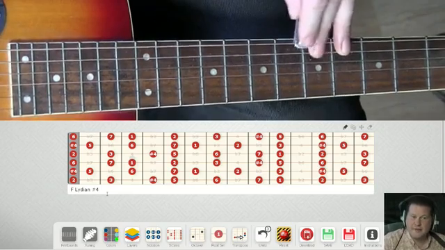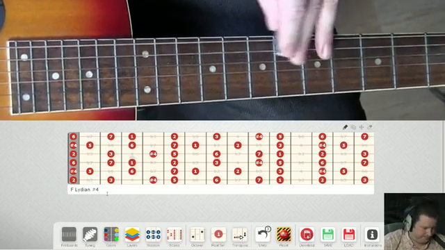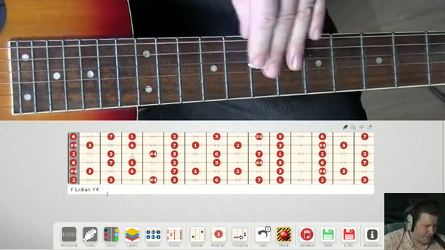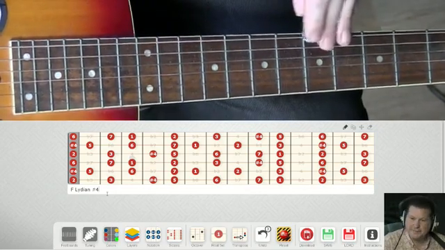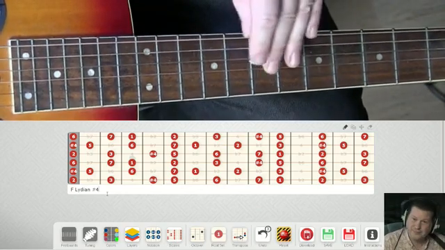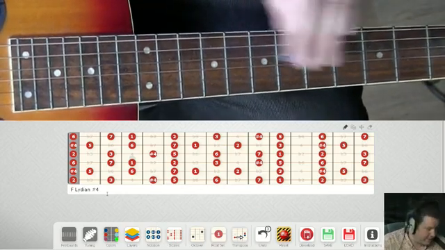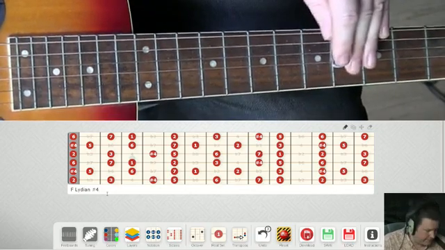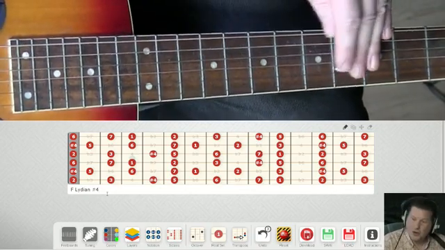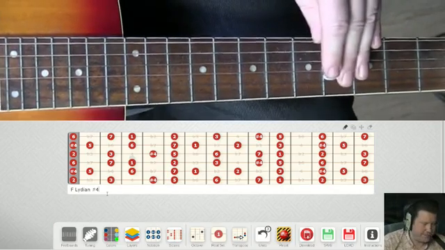So I've got this 5, major 7th, 1, 3. Sorry, I'll do that again. So 5, 7, 1. There's my 3. That's the sharp 4th. Whether you play it a tone above the major third, on the same string or on a different string. Okay.